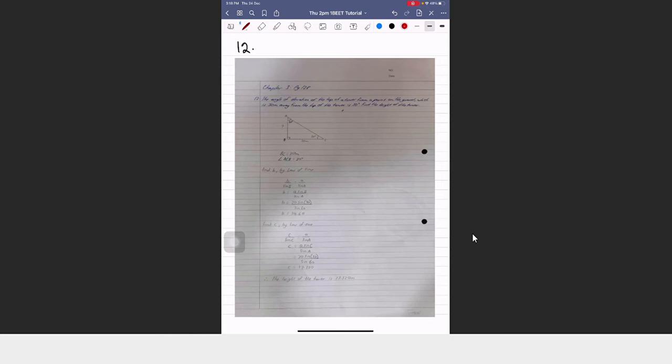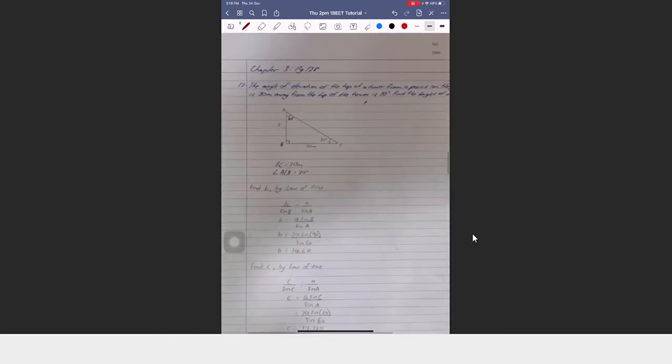Find the height of the tower. So basically, if we look at this diagram here, for question 12, this is the tower.